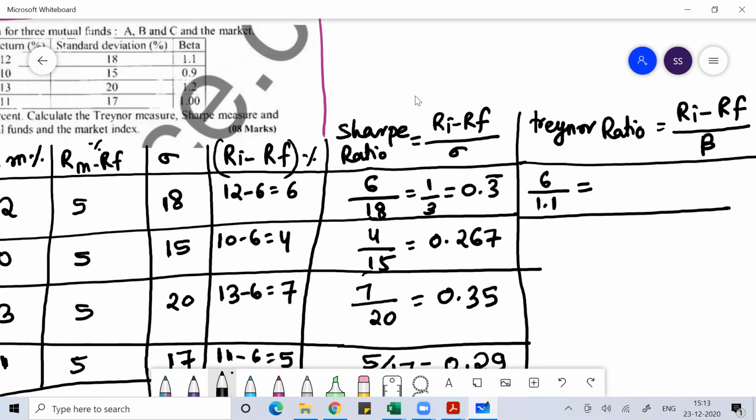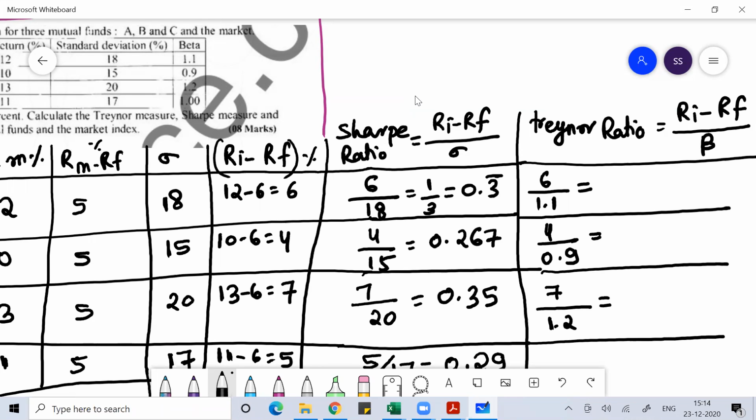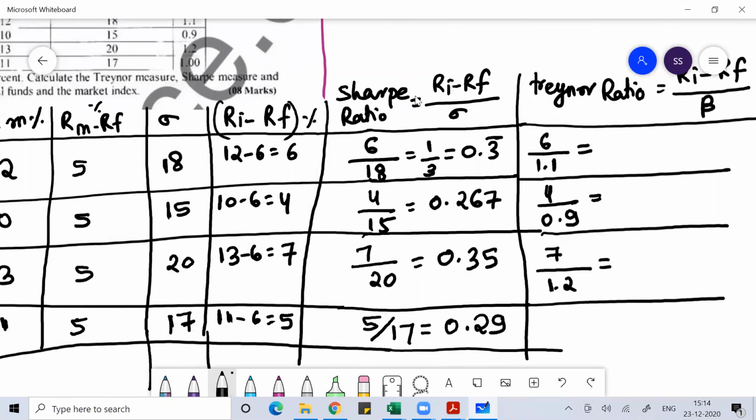Then Ri minus Rf is 4 divided by beta, which is 0.9. Then Ri minus Rf is 7, beta is 1.2. Then Ri minus Rf is 5 and beta is 1. So you can write this value. This is the Treynor ratio.